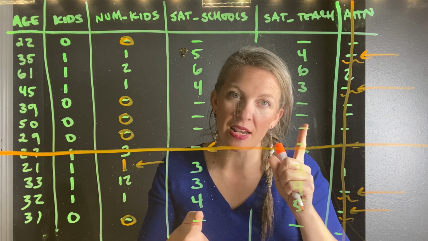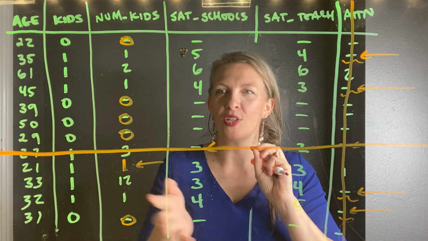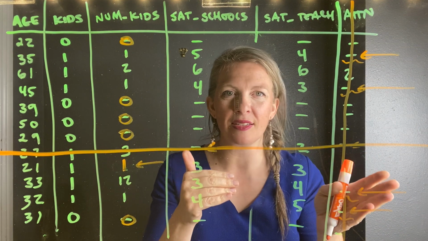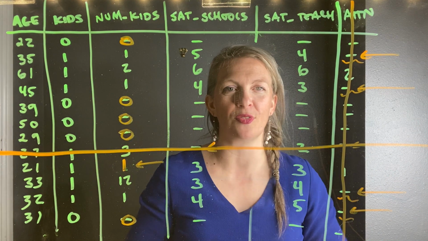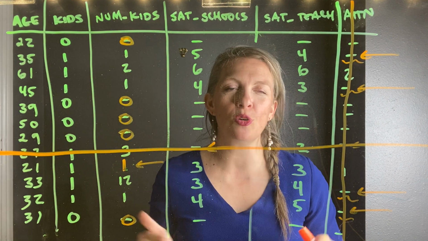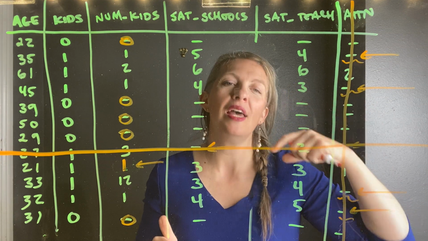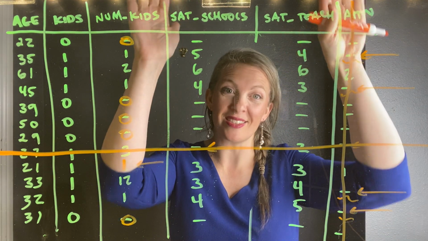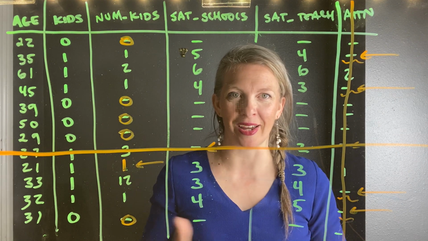But if you make a mistake, or if you change your mind about how you want to code things, or you want to do some sensitivity analysis and clean it a couple of different ways and run the same code later on slightly different data sets, that is all super easy to do. You just fix the code or change the code, and you can run from that raw data set all the way through, and you'll get your clean data set out again.